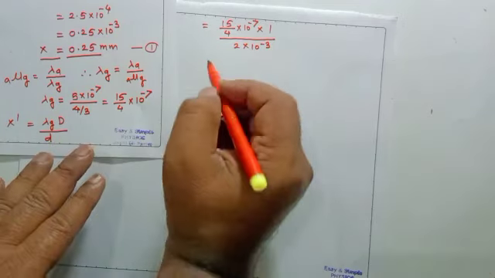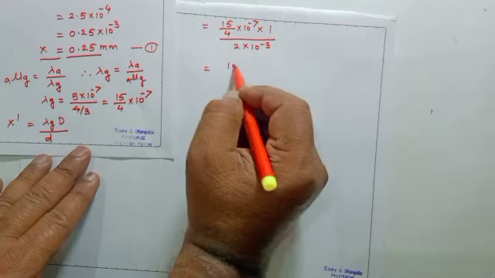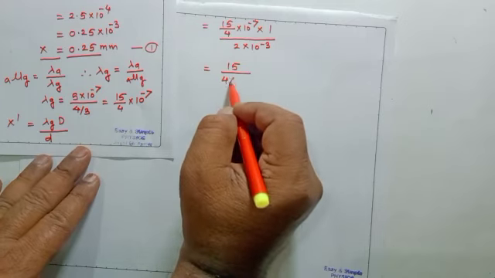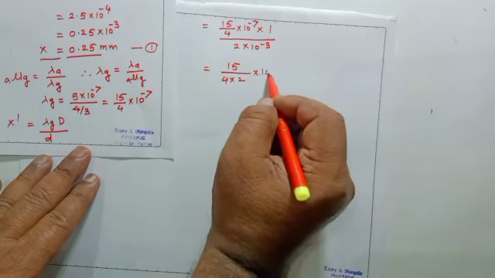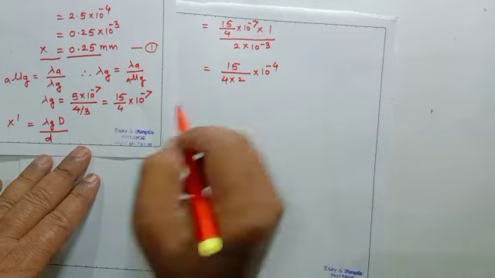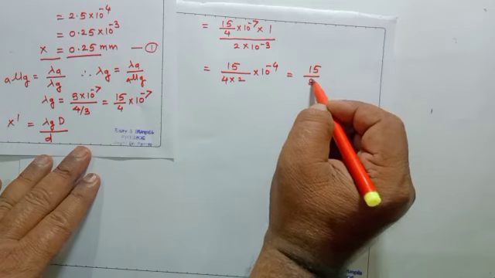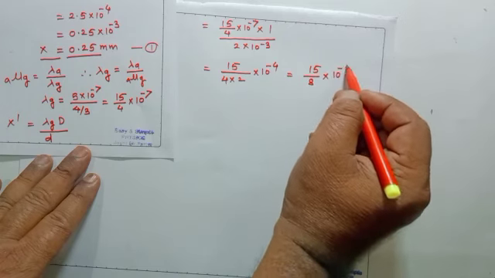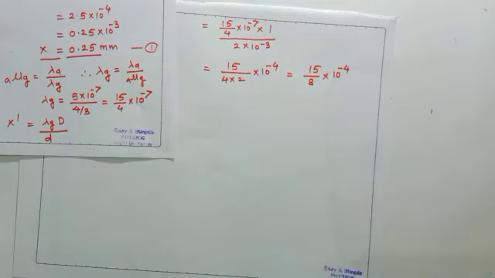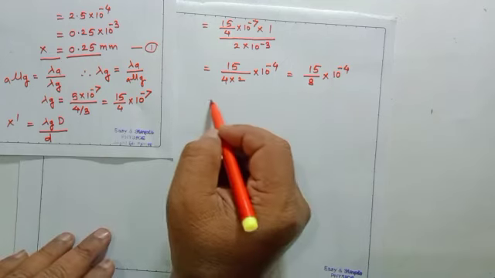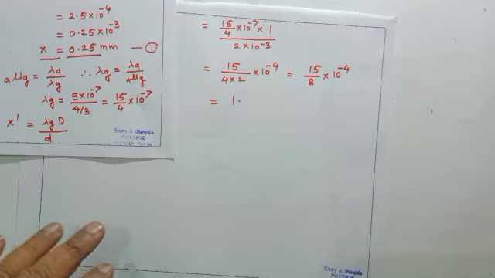So we can write it as 15/4 into 2 multiplied by 10 to the power minus 4. So it is 15/8 into 10 to the power minus 4. Again, if we divide, it is 1.8; 1 by 8, 7 will be remaining, becomes 70.